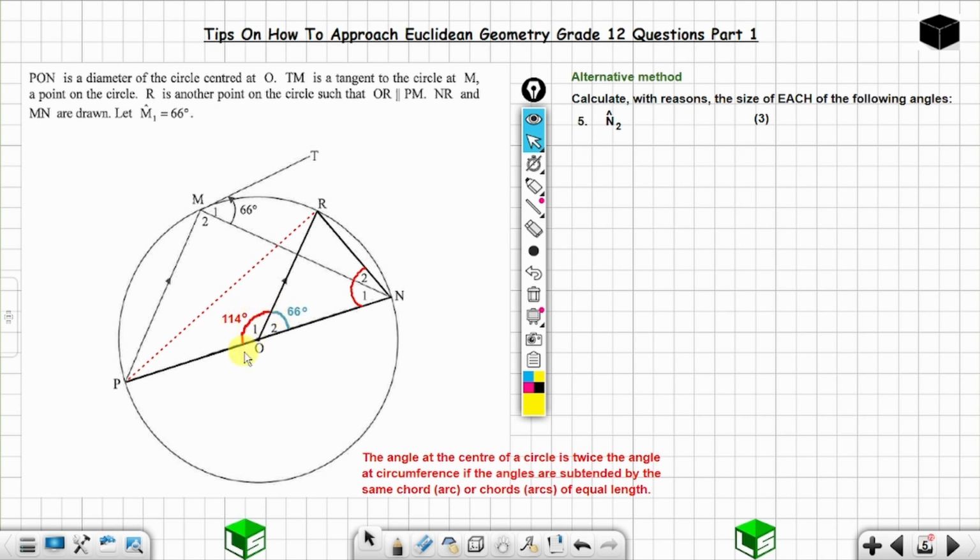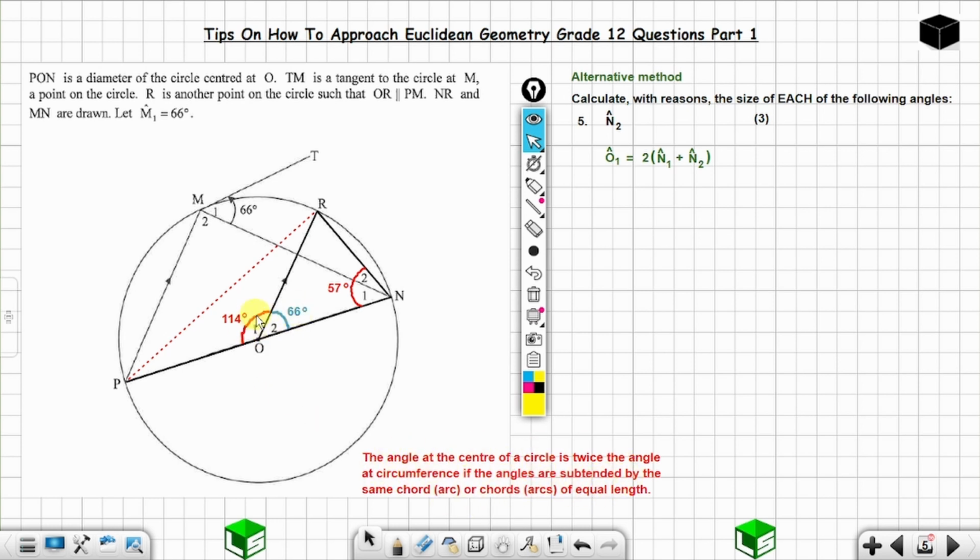Now, the angle subtended at the circumference is going to be half of this, which is 57 degrees. So, O1 is equal to 2 times N1 plus N2. This is what you are told here.